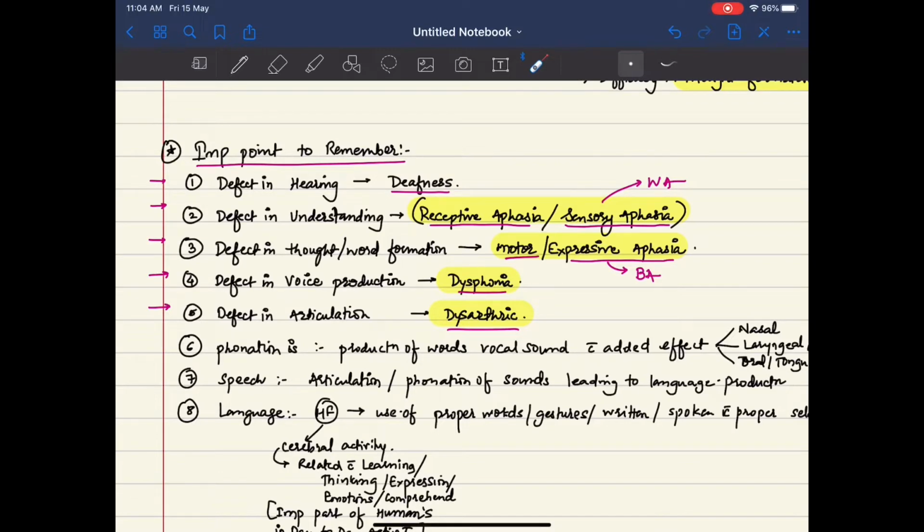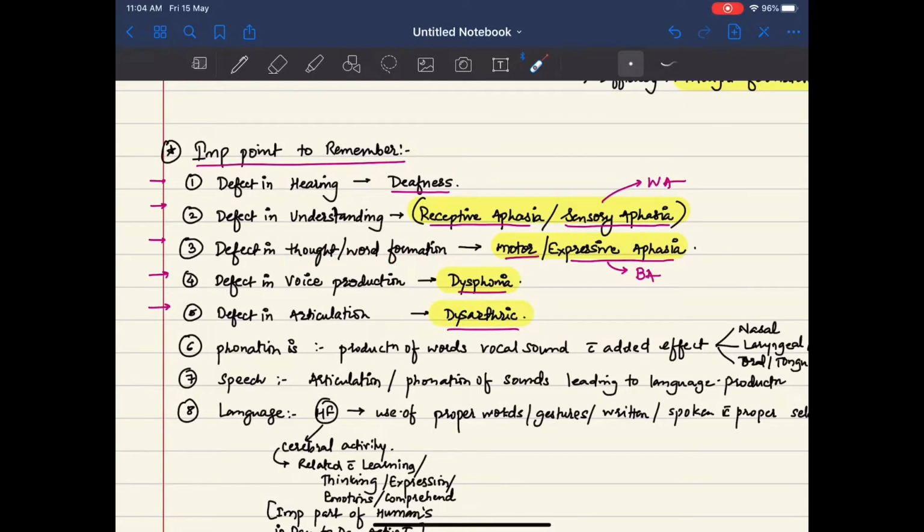You should know what you mean by defect in hearing. Hearing, when it is defective, is called deafness, right? Defect in understanding is called receptive aphasia or sensory aphasia. It is also called Wernicke's aphasia. Okay, then defect in thought or word formation.